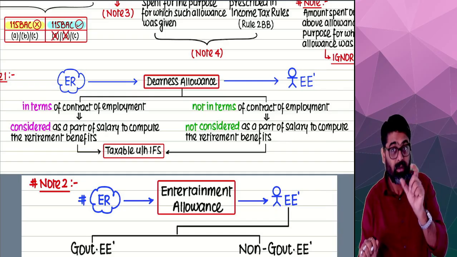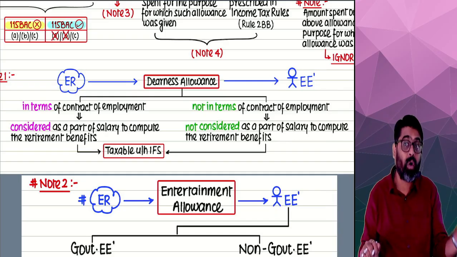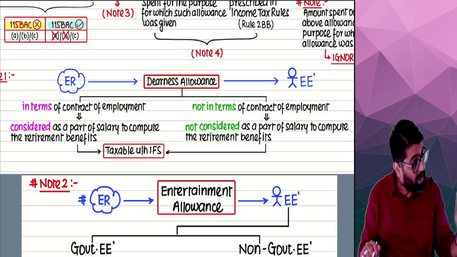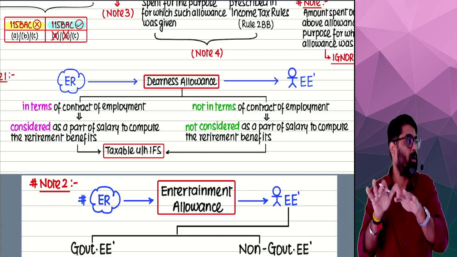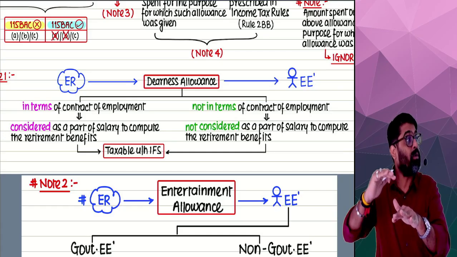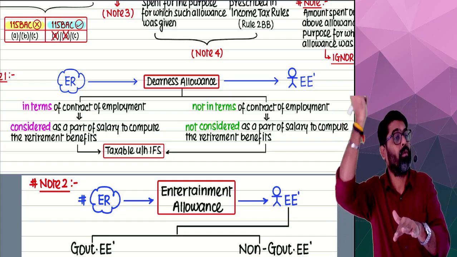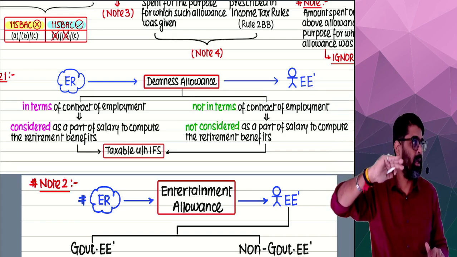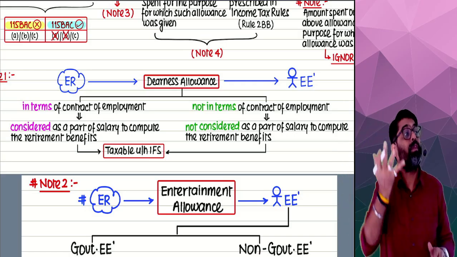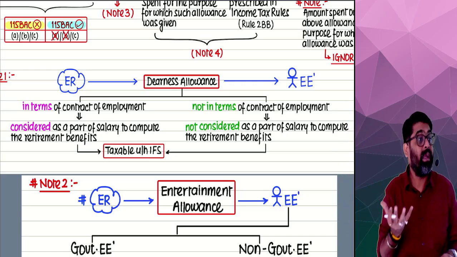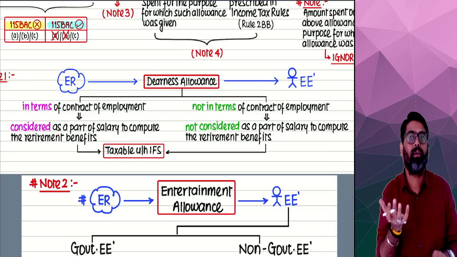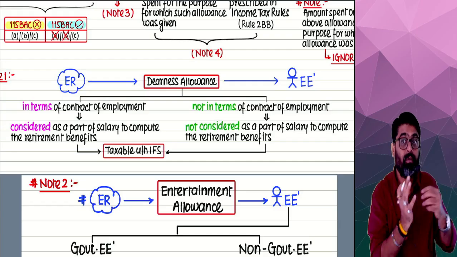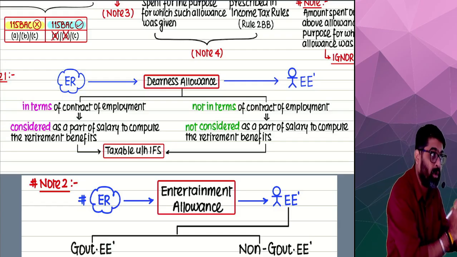And if the DA is written in the contract, then that DA will also form part of the salary based on which your retirement benefits will be calculated. So definitely your retirement benefits will be higher if the contractual salary is higher. And the contractual salary will be higher if the DA is given in the contract.